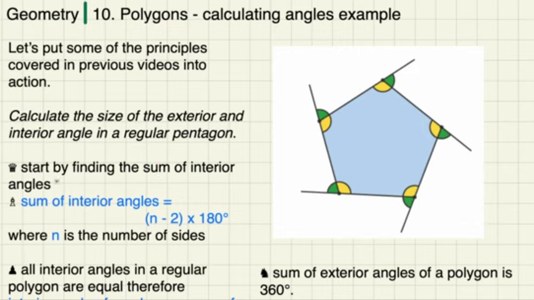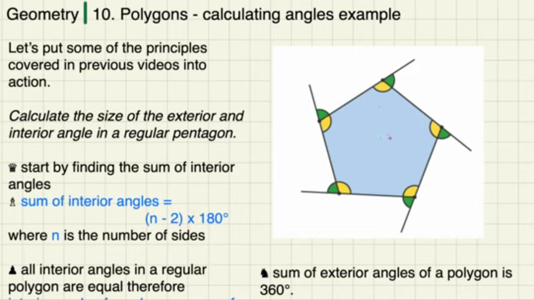First of all, you would start by finding out the sum of all the interior angles. And the way that you do this is using the equation that we've covered, that the sum of interior angles equals n, the number of sides of the structure, minus 2, and all of that multiplied by 180.